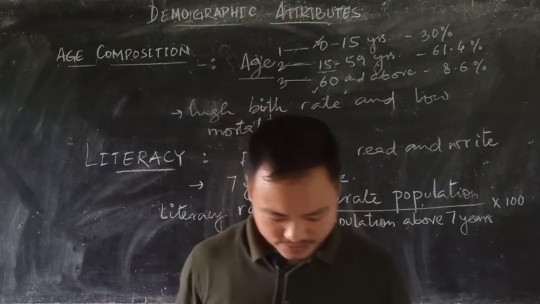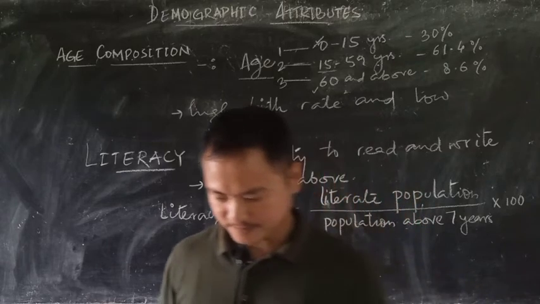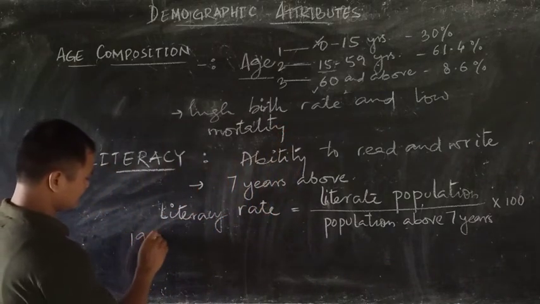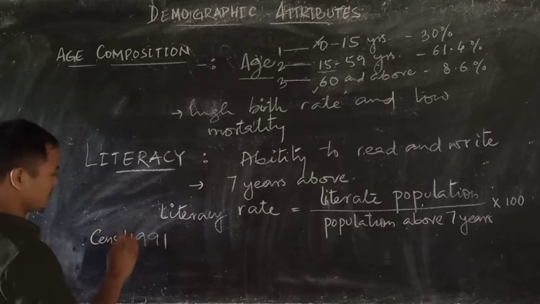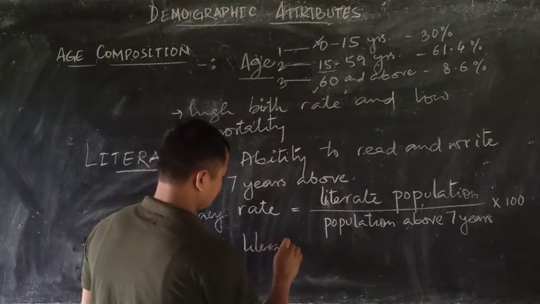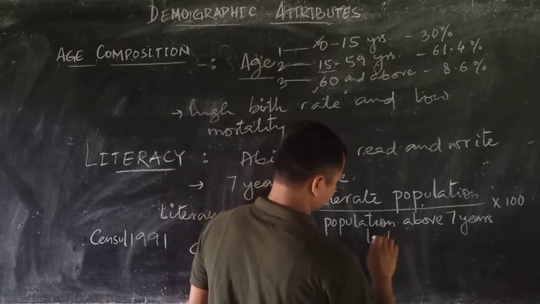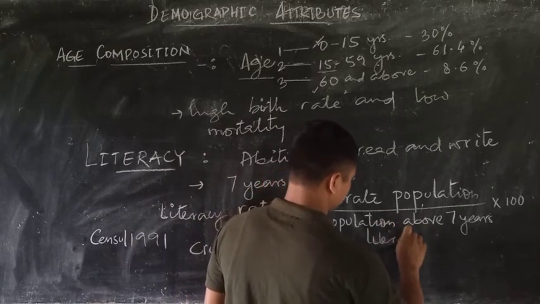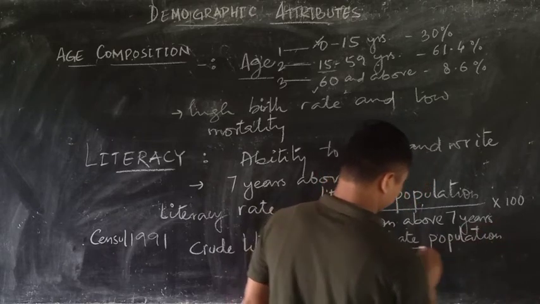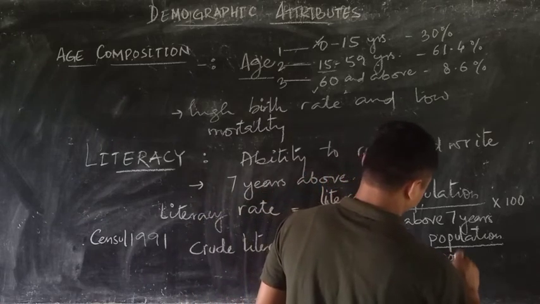Now, in this context, we can also discuss that as per the census of 1991, the literacy rate was calculated as crude literacy rate, that is literate population divided by the total population of the country.